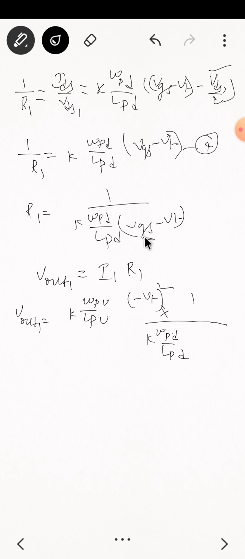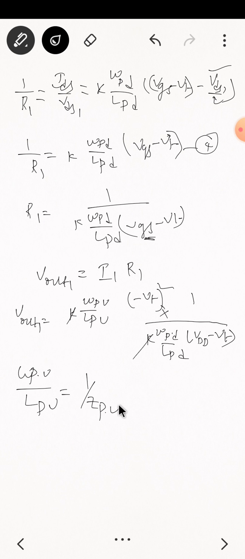We know that VGS is equal to VDD in equation number 1. Then it becomes VDD minus VT. This K and K get cancelled. And we have to know two more conditions. One is that W_PU by L_PU is equal to 1 by Z_PU for inverter 1.